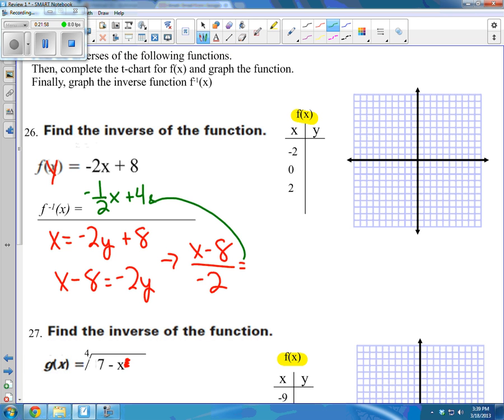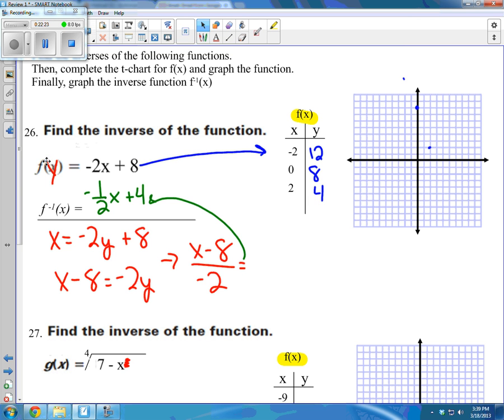Making the t-chart for the original function, negative 2x plus 8, when I put negative 2 in, I get 12, 8, and 4. So if you just graph those points, you're going to be here, 0, 8, and 2, 4.